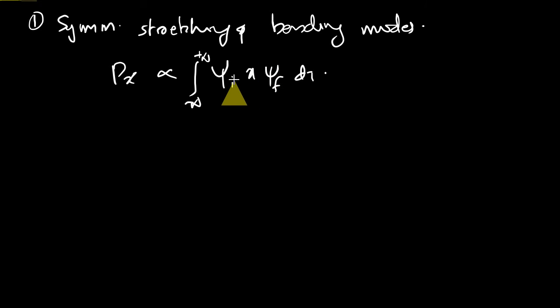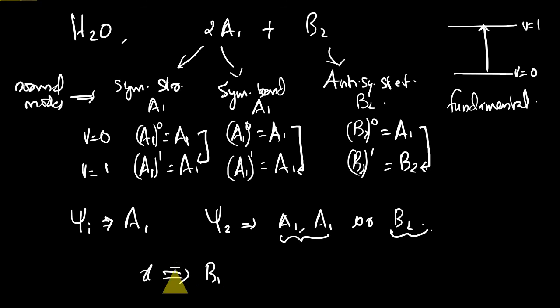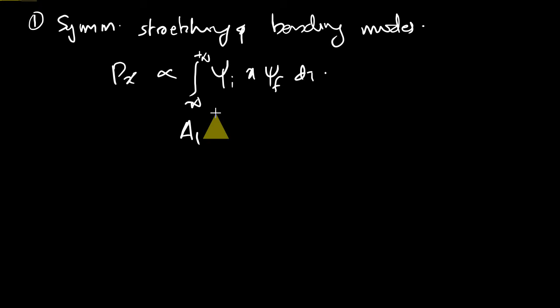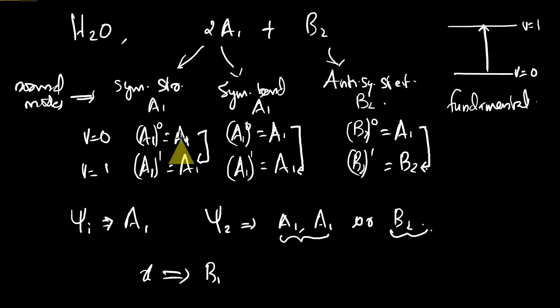Psi I, in all the cases, is of A1 symmetry. And x, in this case, transforms as B1. We already said this, right? X transforms as B1 symmetry. And psi f is of A1 symmetry in this case, because in the case of symmetric stretching and symmetric bending, the excited vibration has A1 symmetry.